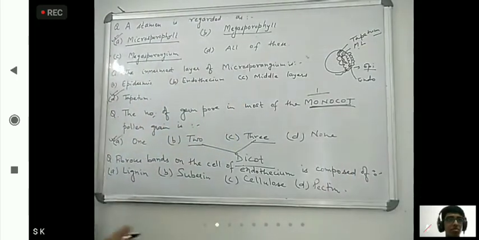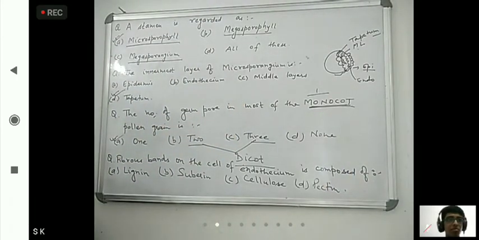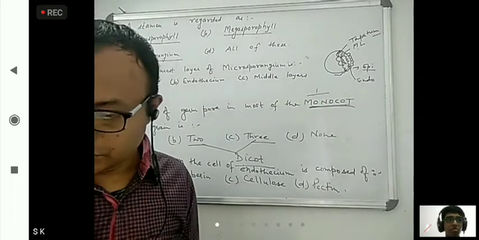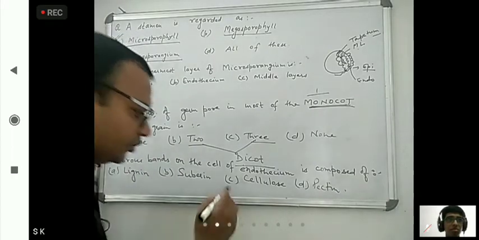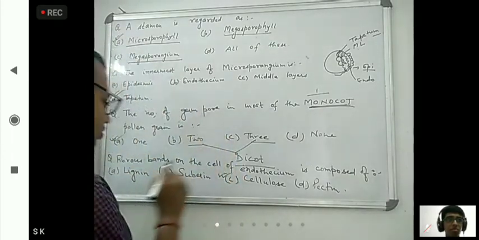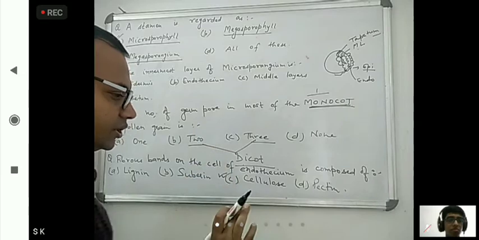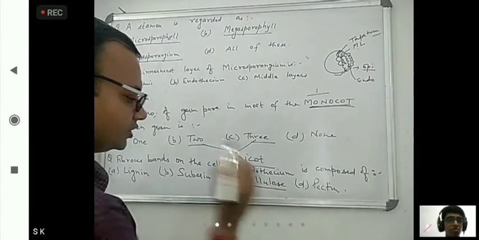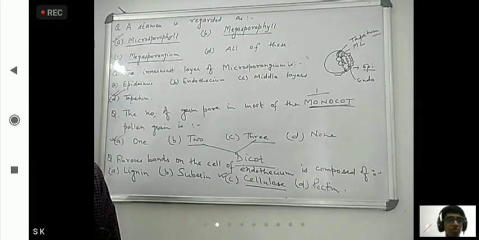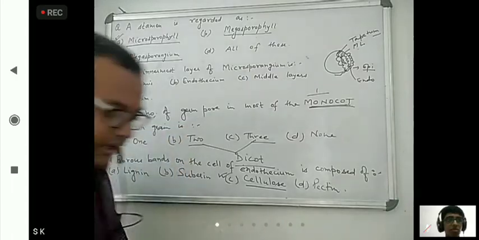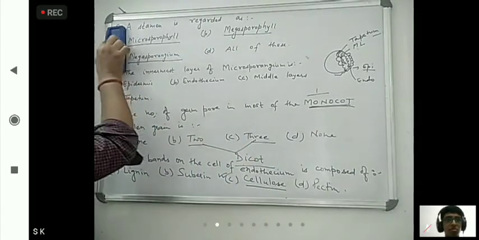Yes, tell me, fibrous bands on the cell of endothecium are composed of, what will be the answer? Yes, right, so it is cellulose, okay. So fibrous bands, which help in dehiscence of anther, are in endothecium and composed of cellulose. Very important, okay.